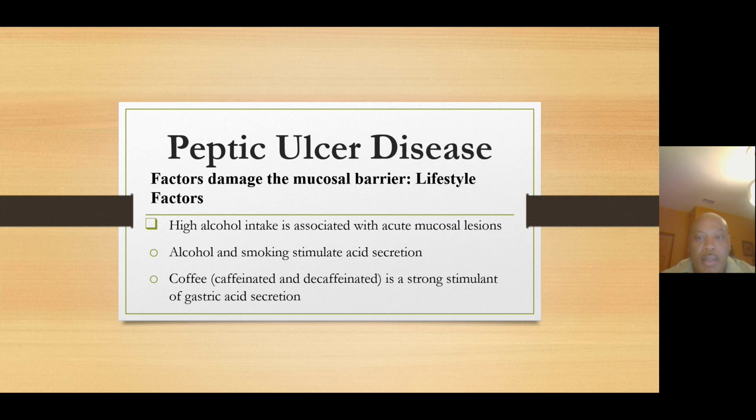Right. Now, as we continue with those factors that damage the mucosal barrier, we also turn our attention to lifestyle factors. High alcohol intake is associated with acute mucosal lesions.